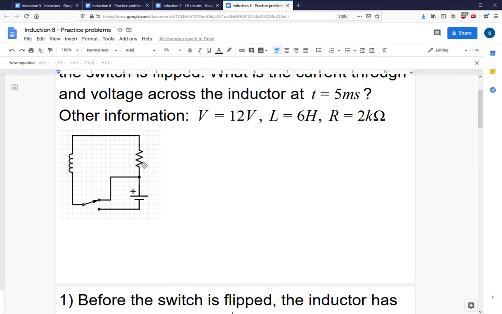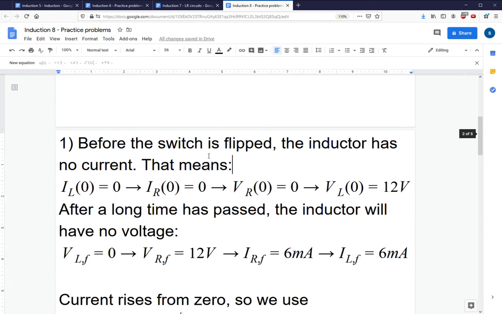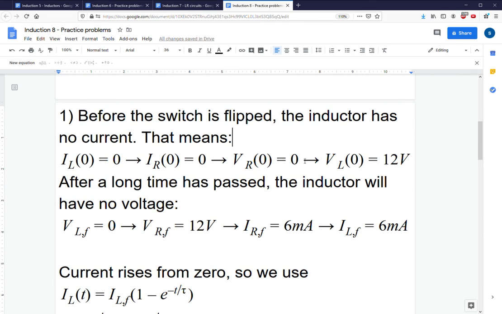And then Kirchhoff's current law once again, if there's 6 milliamperes going through the resistor, there's 6 milliamperes going through this inductor. So for the inductor, we know that its initial current is 0, and its initial voltage is 12 volts. Its final current is 6 milliamps, and its final voltage is 0.